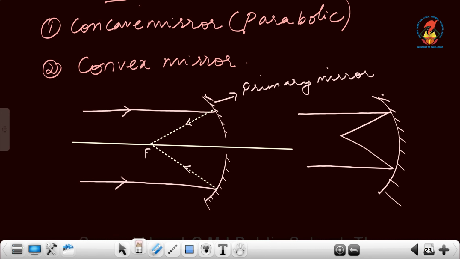But before meeting at the focus itself, we keep a convex mirror in front of the focus of the concave mirror. What do we keep? We keep a convex mirror.